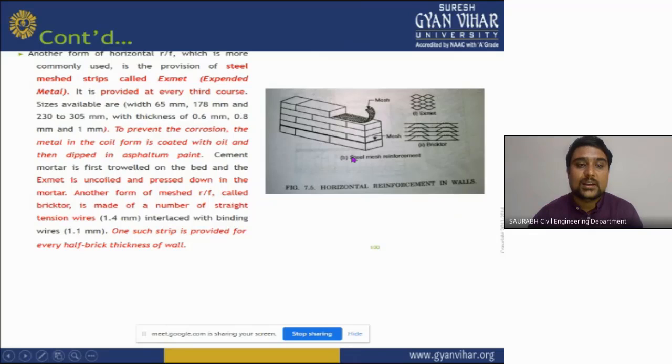The metal in coil form is coated with oil, then dipped into asphaltum paint. Cement mortar is first troweled on the bed, and the metal is pressed into it. It can be used in this manner, as you can see in this image.